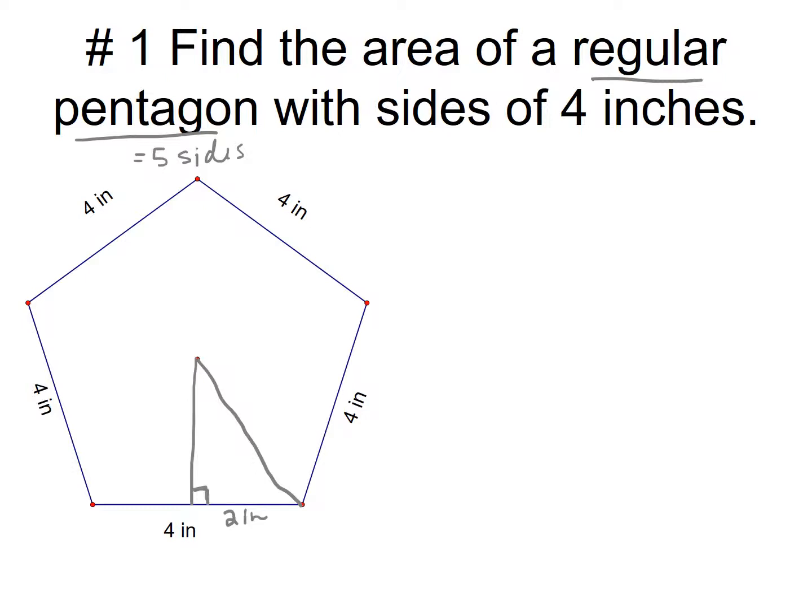In order to find the degrees, we have to take n minus 2 times 180. And n in this instance is 5, so 5 minus 2, we multiply that by 180. If I take 5 minus 2 times 180, so 3 times 180, I get back the number 540. So I know that I have 540 degrees in this entire pentagon.